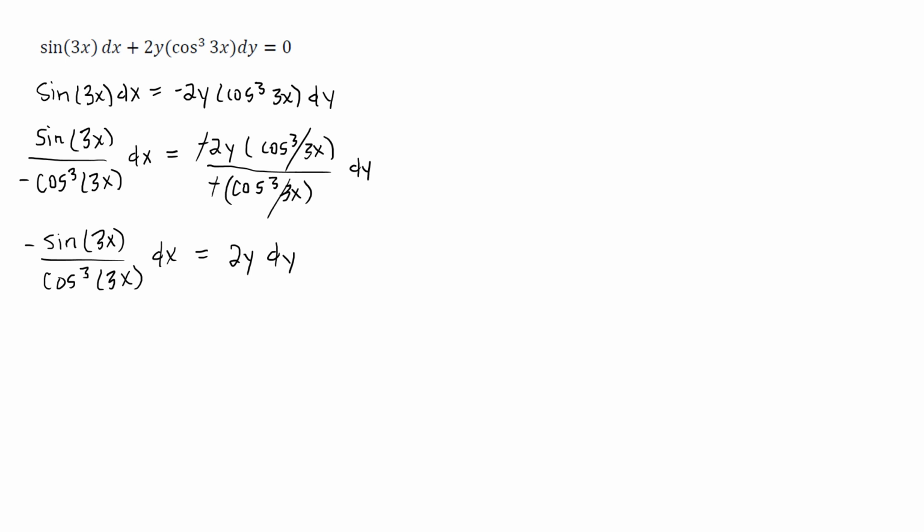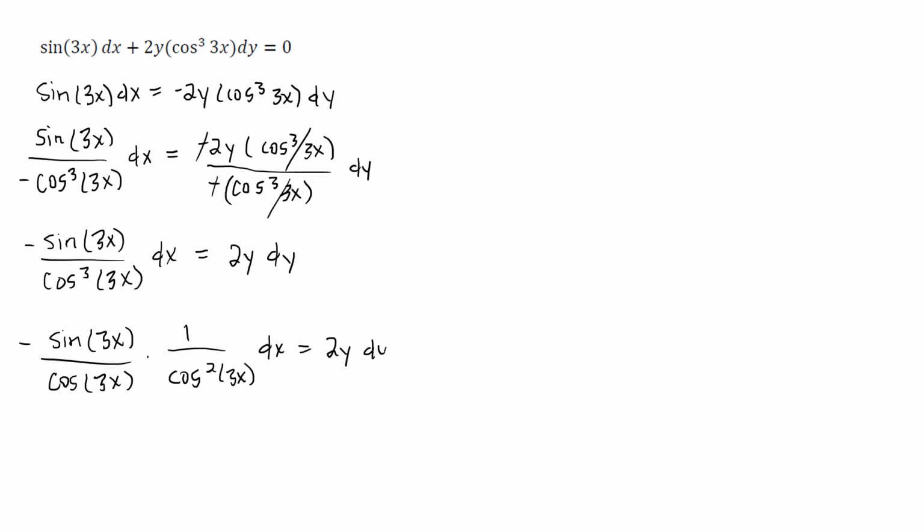All right, so I'm going to use some trig rules to just help me open up this ratio. So negative sine 3x over cosine 3x times 1 over cosine squared 3x dx equals 2y dy.